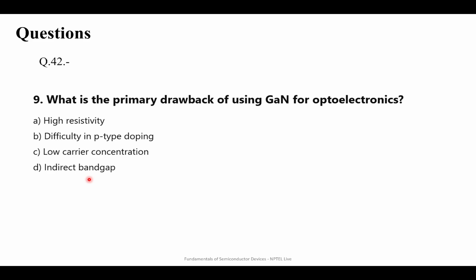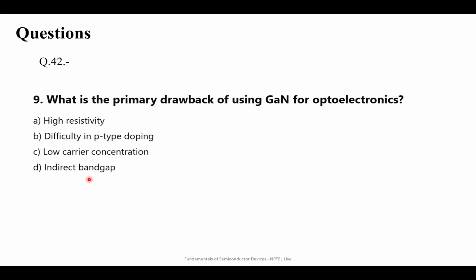Question is what is the primary drawback of using gallium nitride for optoelectronics? Optoelectronics? Sir, I cannot understand this.